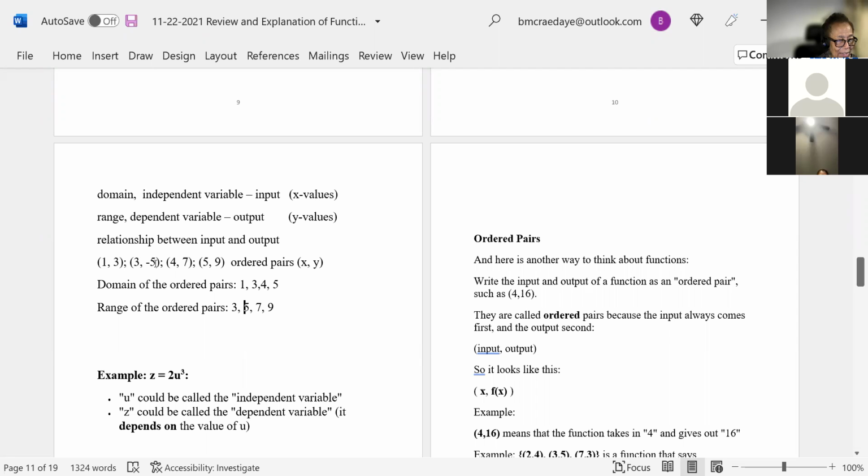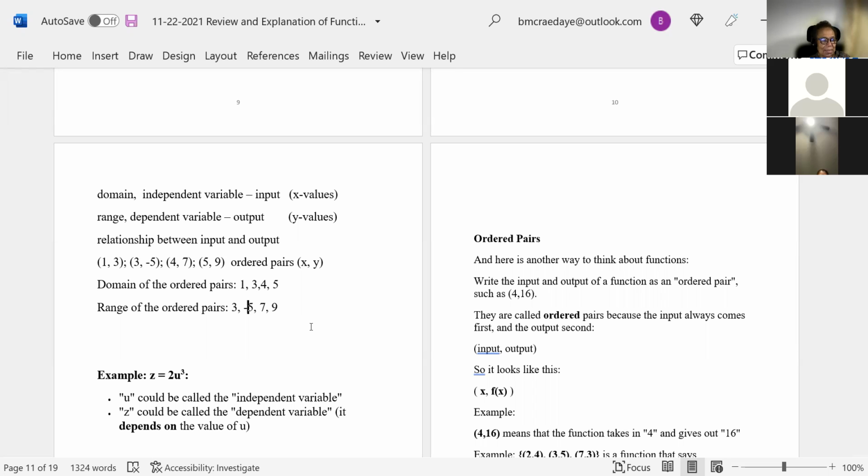Range is the Y values. Oh, it's a minus. Yeah, it's a minus 5. So the range of the Y values is 3, minus 5, 7, and 9. So with ordered pairs, you can identify the domain and you can identify the range.